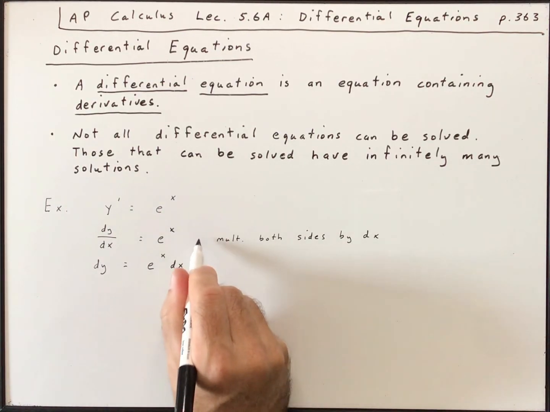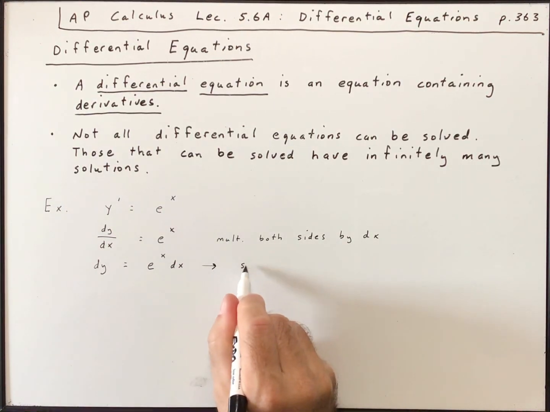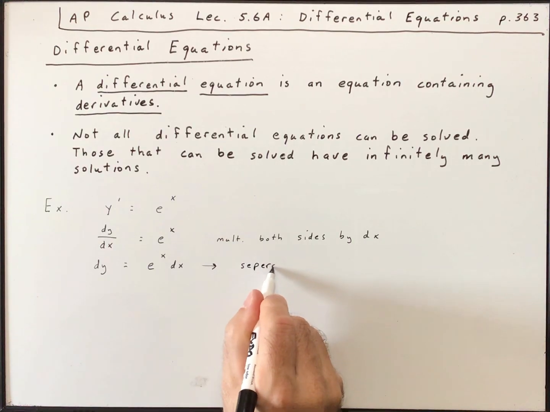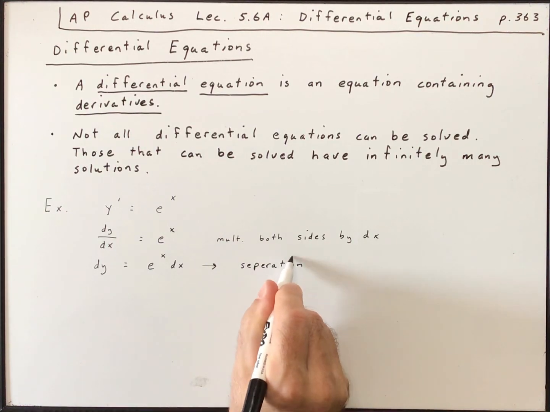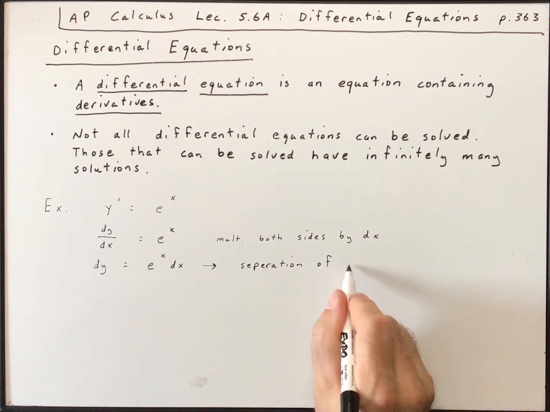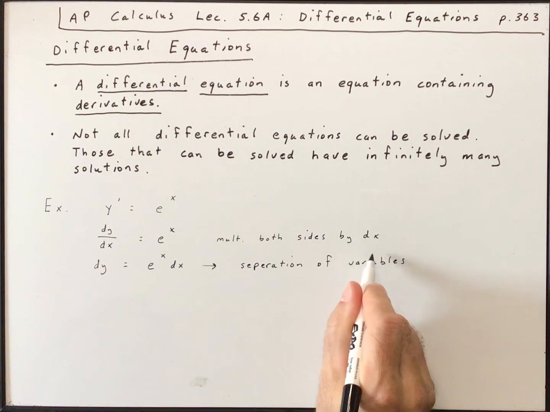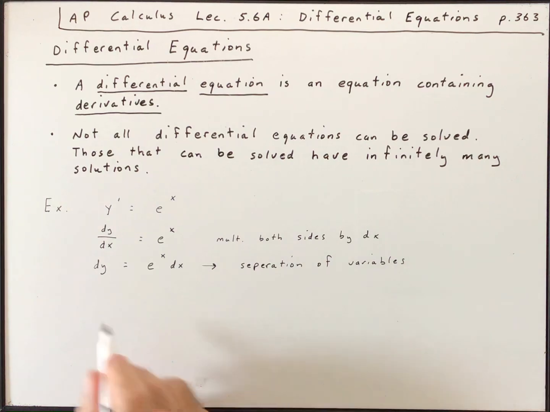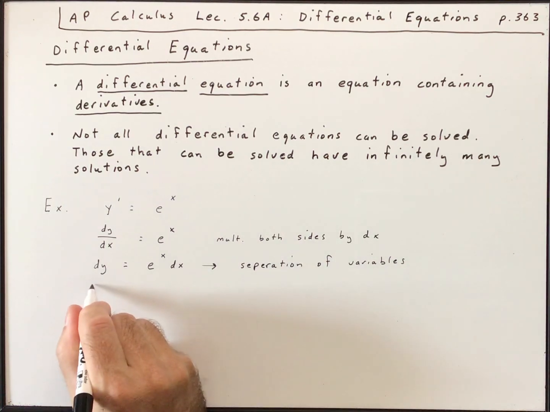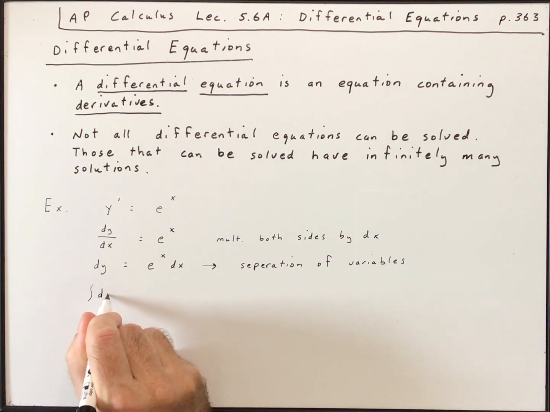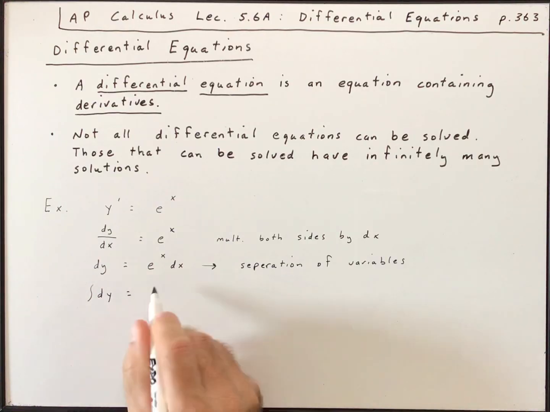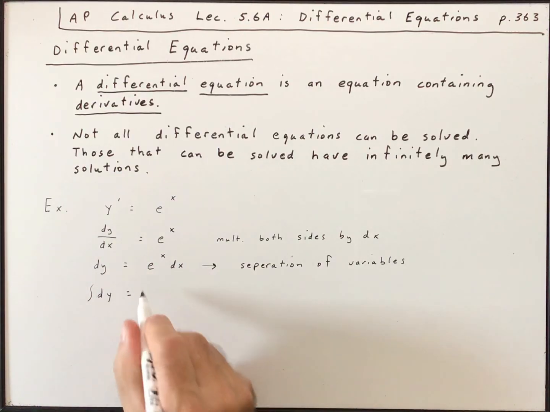This is called separation of variables. Okay, so now we're going to integrate both sides because we want to get an equation in terms of y equals something.